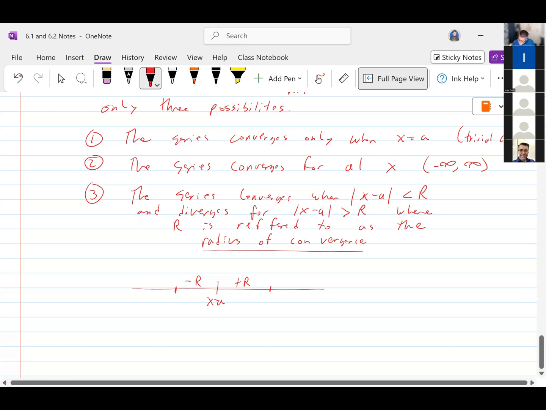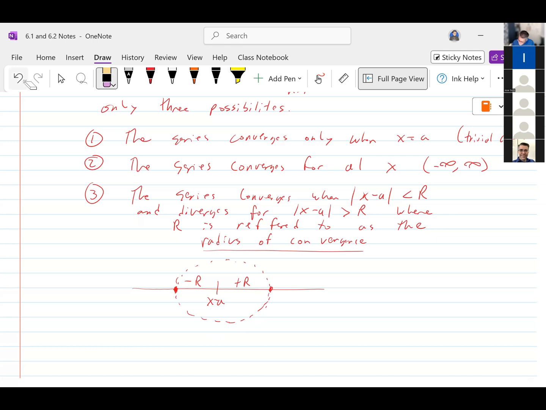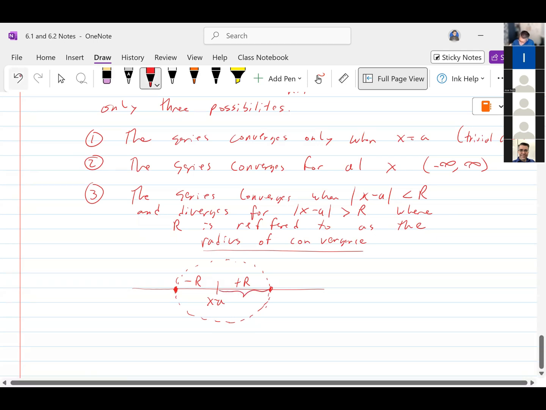And so you get what they call a radius of convergence. It's a one-dimensional distance, but they think of it as a circle. That's the radius of convergence. Again, it doesn't tell us any information about the endpoints. I'm doing this upside down.